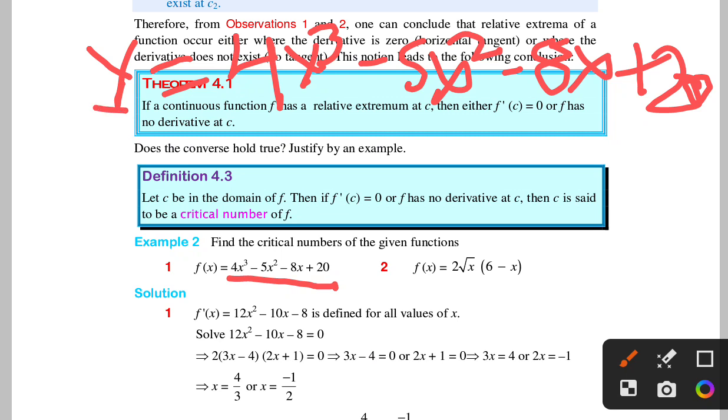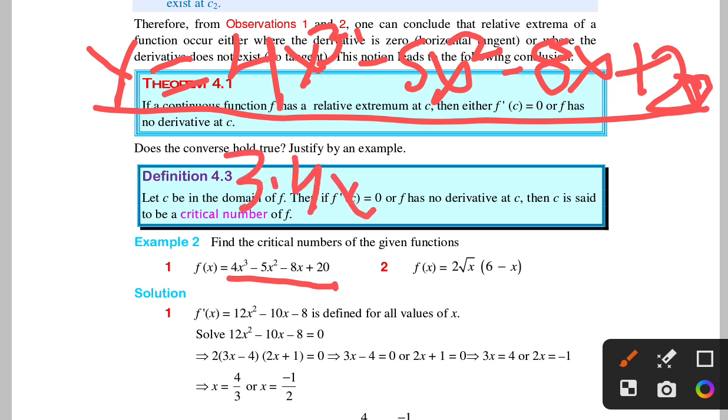When we take the first derivative, we reduce each power by 1. 3 times 4x raised to 3 minus 1 is 2.